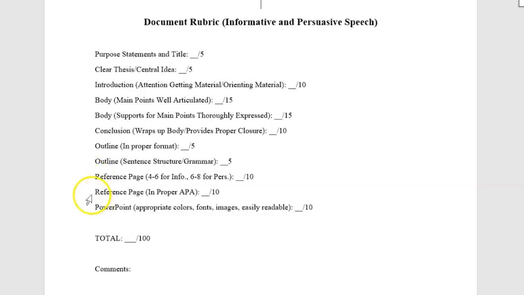So you want to try to get your references as close to great as possible. So you want to check out the APA reference guide. And then also you're going to have points for your actual visual aid. So when you get ready to upload everything for the speech, you're going to have to upload all 3 items in order to earn all the points for the speech documents.